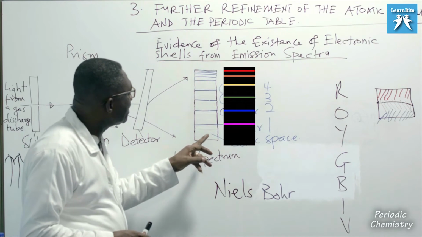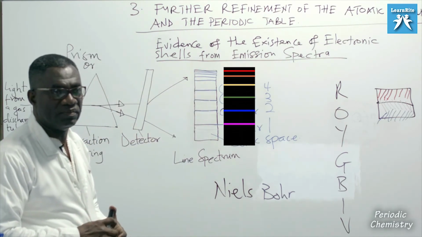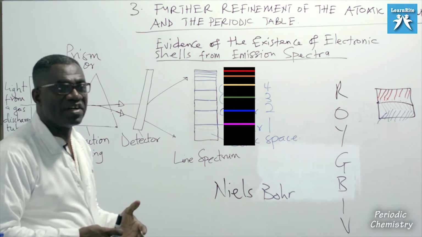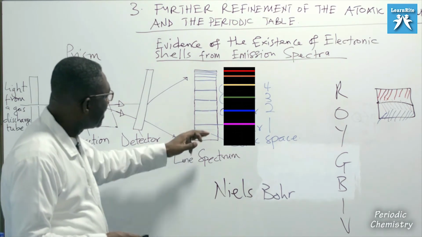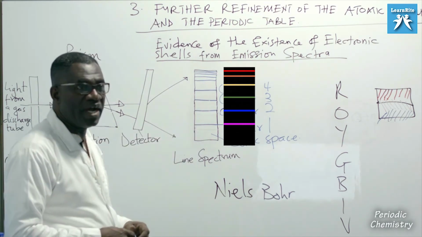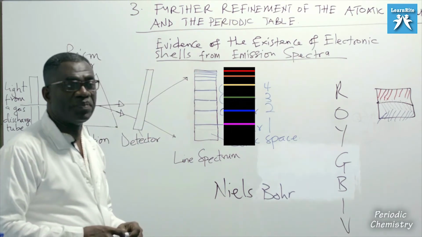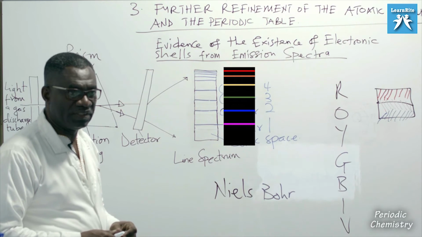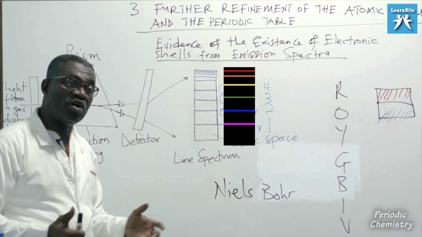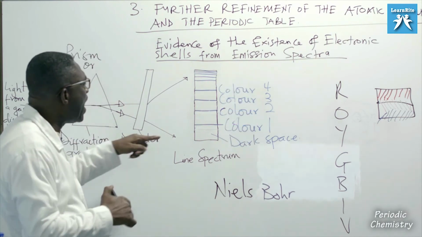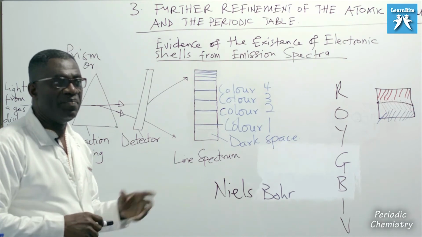These radiations are separated with dark spaces. It tells us that some of the radiations are of higher energies than others. Those that are lower here have lower energies, and those towards the end of the spectrum have higher energies. These are the explanations that Niels Bohr gave to the whole world for us to understand why atoms with electrons in them behave this way.